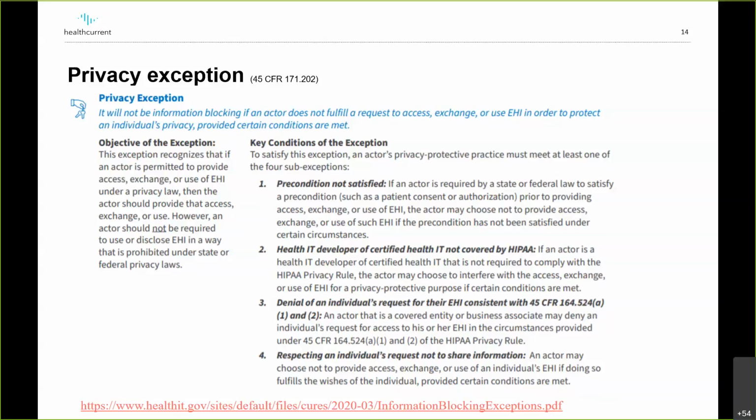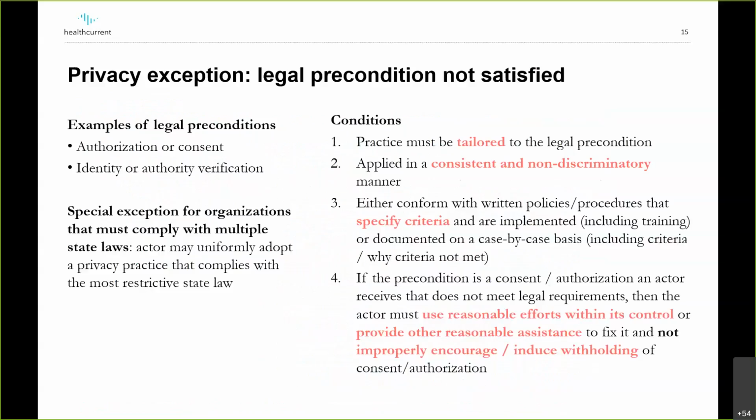And that if a precondition of the law is not satisfied, that would allow you to give the requester who's asking for access to that PHI because you haven't been able to verify their authority, or there is not an authorization or consent on file and the law requires it, your denial of that access request isn't going to result in an information blocking violation if you follow the steps required for meeting the conditions of this safe harbor.